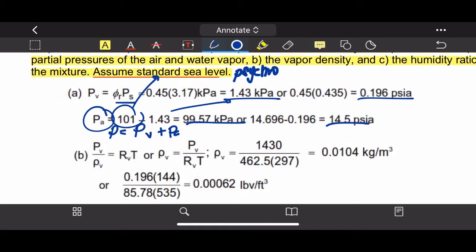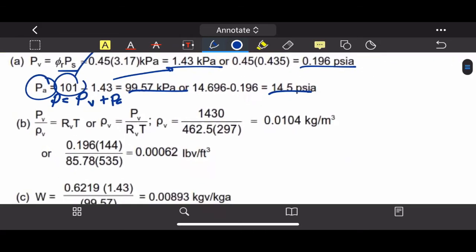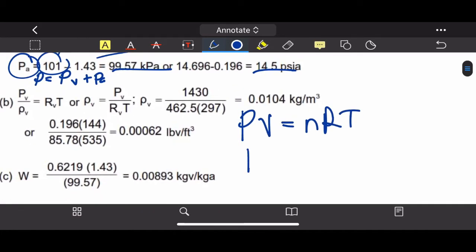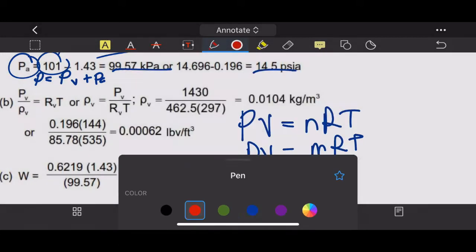So what you have is, let me write it down, PV equals nRT, where n is mass m over molar mass M, so PV equals m R T divided by big M. So let me change the color.